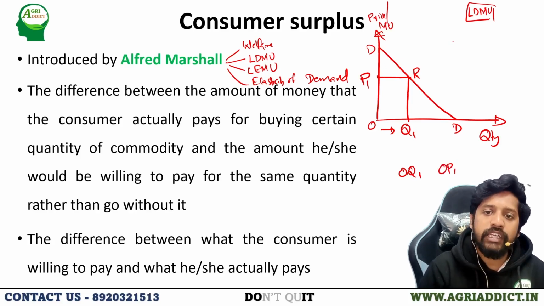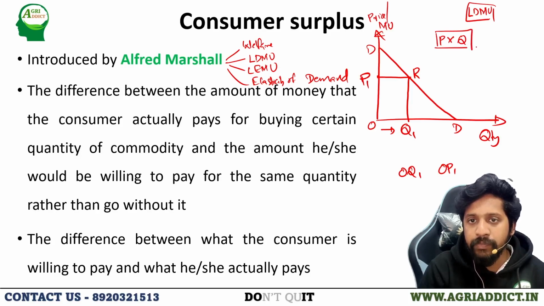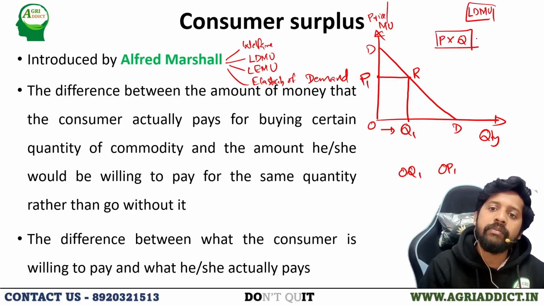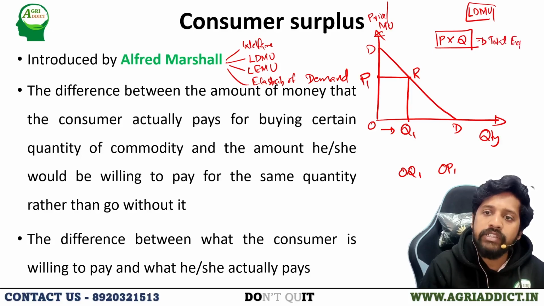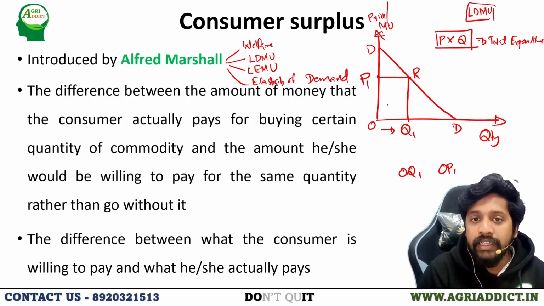So what is the total expenditure? As we all know, the unit price into the number of commodities we have purchased, the product of price and quantity, will give us the total expenditure, right? So the total expenditure incurred to purchase OQ1 quantity will be given by price into quantity.